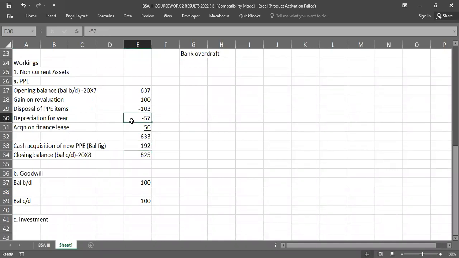If they don't give you depreciation, what happens is that usually the balancing figure will be a negative, because depreciation always reduces the asset. So when you're balancing off, you find a negative here. That's how you end up with depreciation, and usually you want it because you want to use it under P&L.